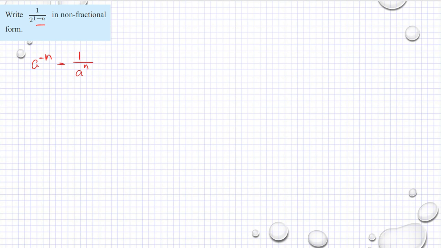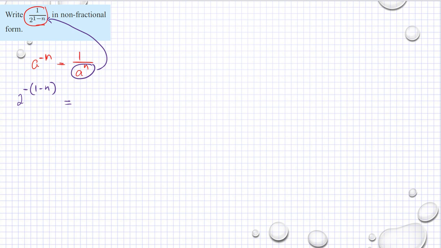So if we can use that idea, this whole thing will be 2 raised to negative 1 minus n. So this one is that one, the denominator.